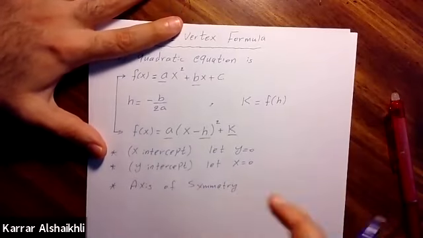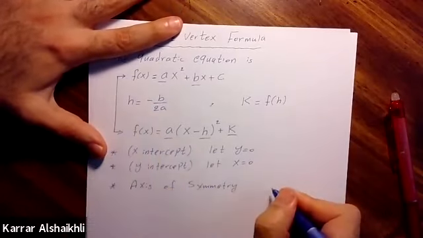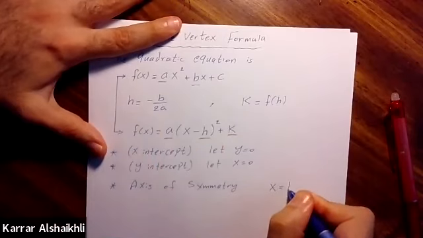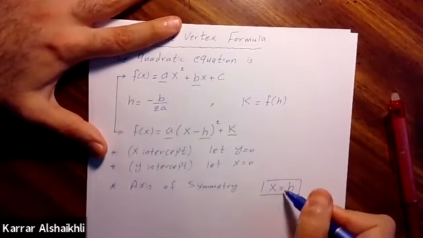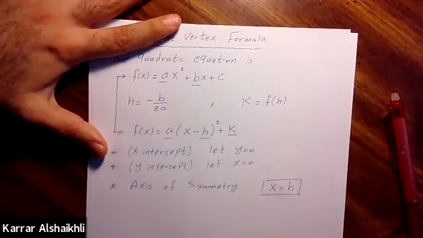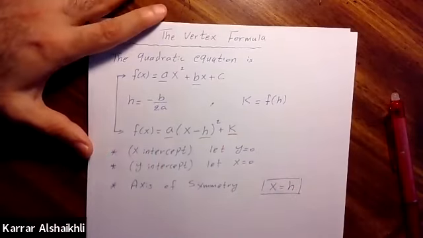Always, it's easy because you already found the h. You're going to say x equals the h. How much the h is, 5, 6, you're just going to say x equals 6, x equals -5. We will see that when we're doing the example.